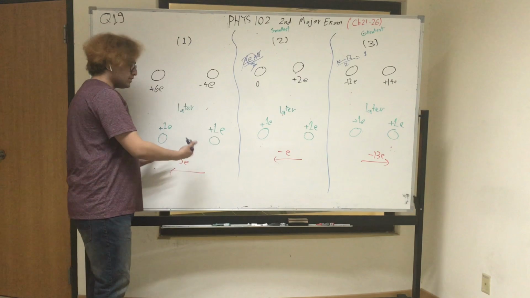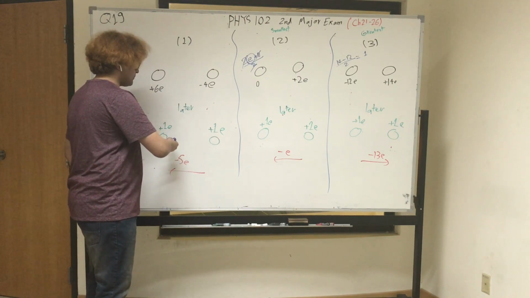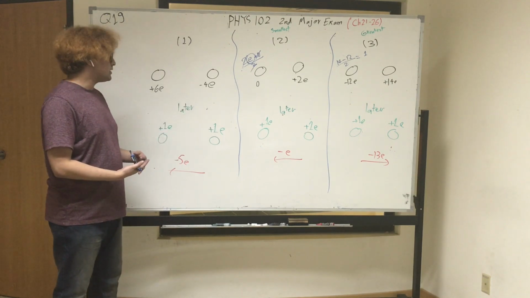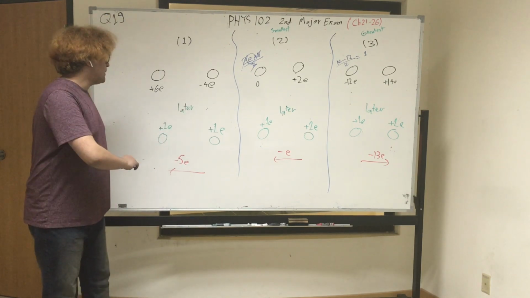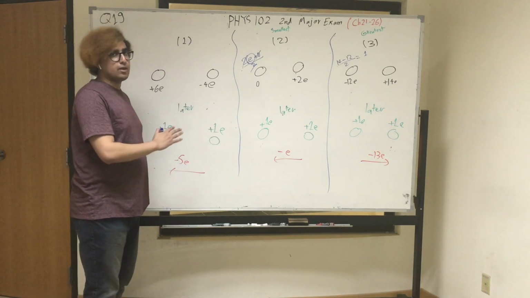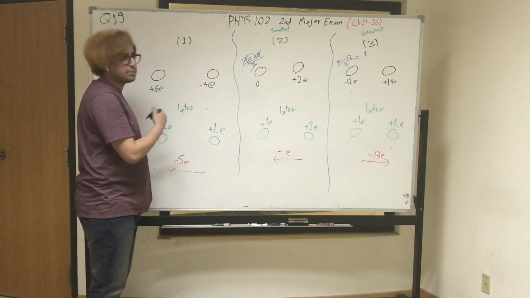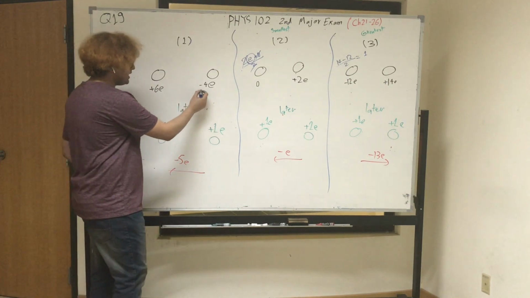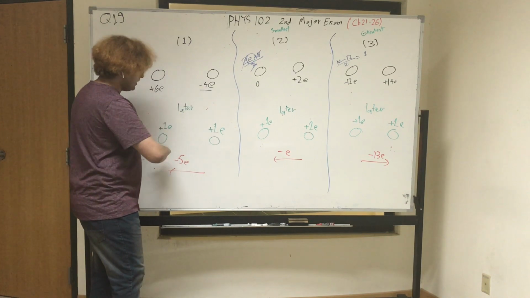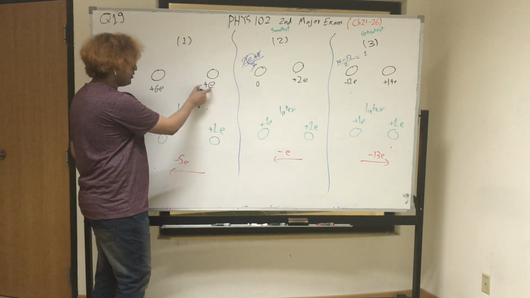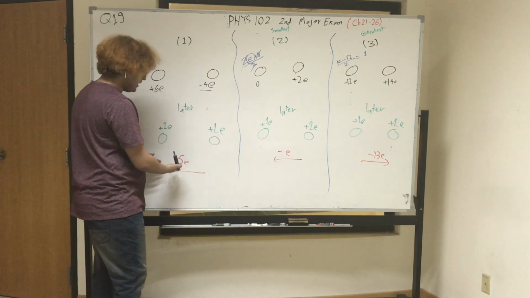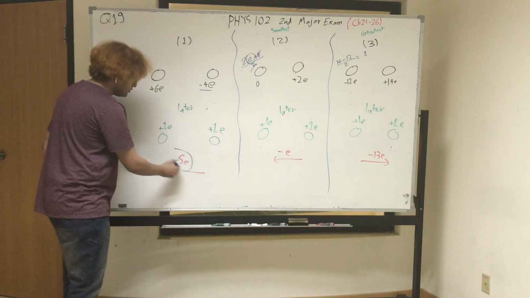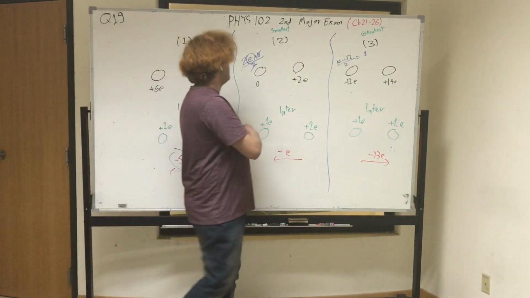So the amount of charge that is transferred, let's phrase this like this: the electrons only travel from the less positive ball to the more positive ball. So here is a less positive ball than this one. And in order to turn negative 4e to positive 1e, we have to transfer negative 5 electrons from this ball to this ball. So this here is the amount of charge that was transferred in this process.